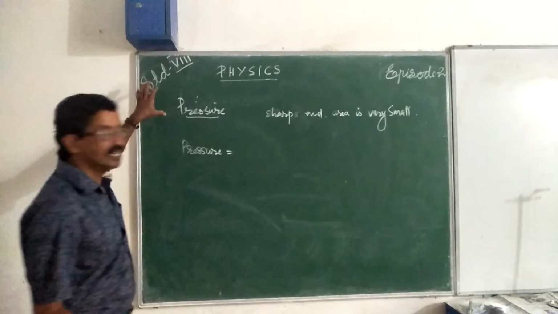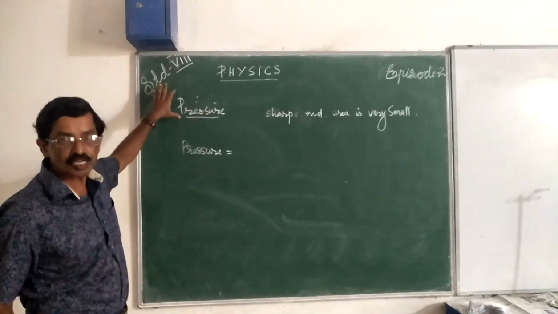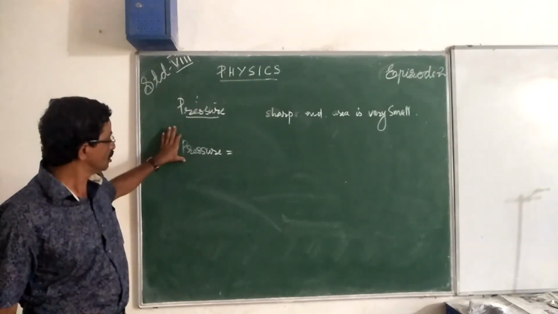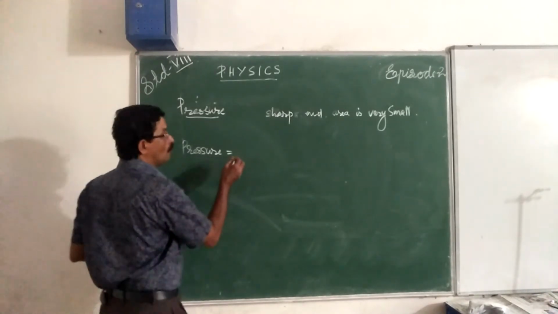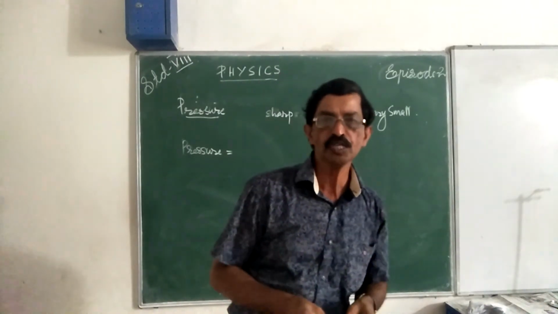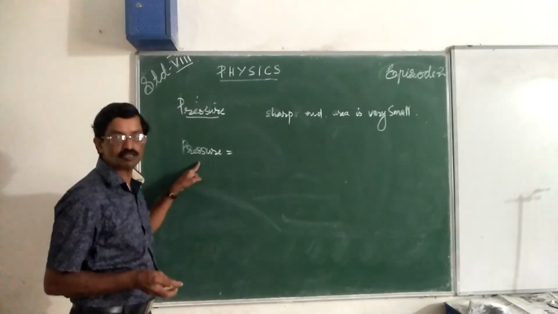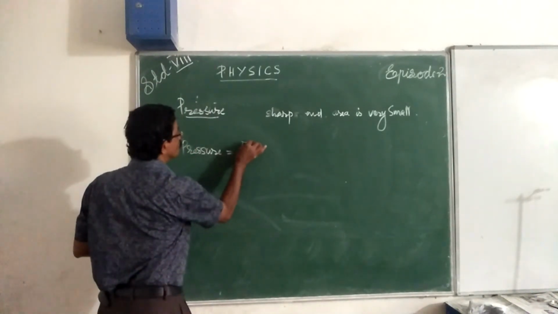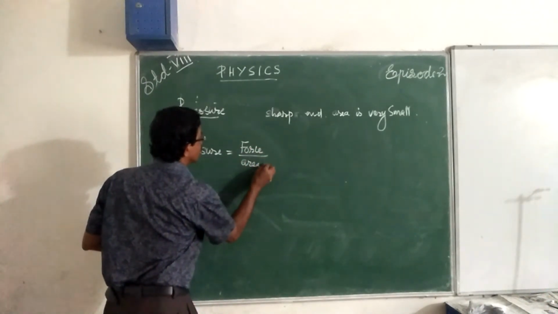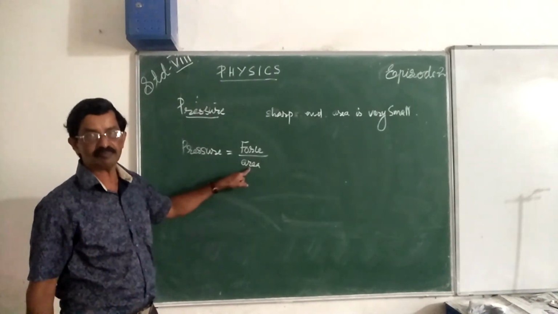Now we want to remember the relation between force and pressure. What is the relation? Actually, pressure is the force acting over a unit area. Pressure means force acting over a unit area. So, pressure is equal to force by area. Here, area is in the denominator.